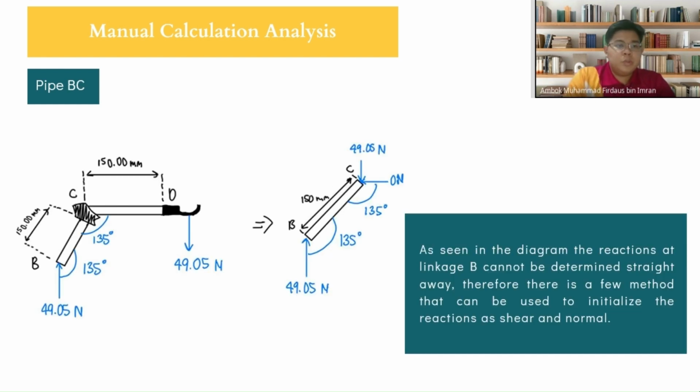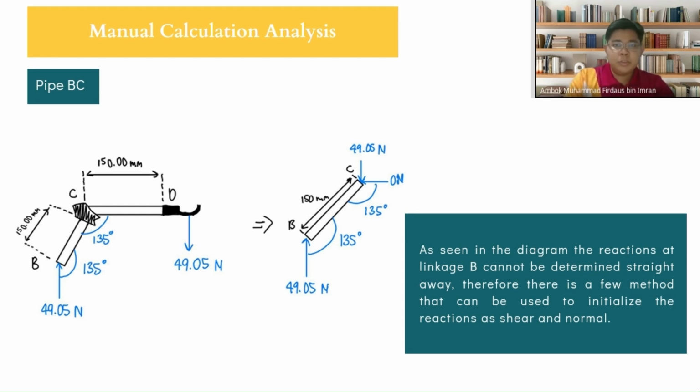Now moving on to another member, which is pipe BC. This particular member is not as easy to calculate the reaction forces for, because as you can see here, the force acting on it cannot be directly observed as a normal or shear force. Instead, it is acting on a vertical axis.